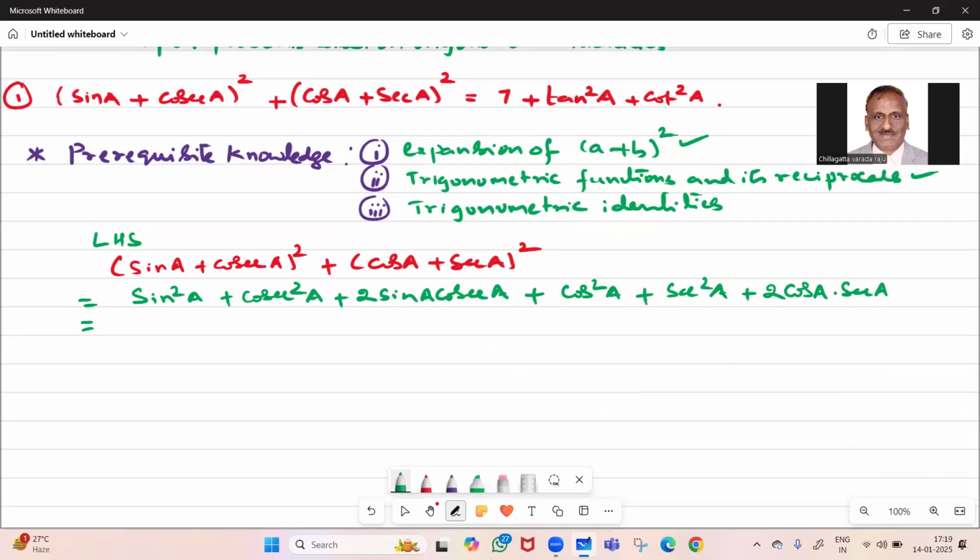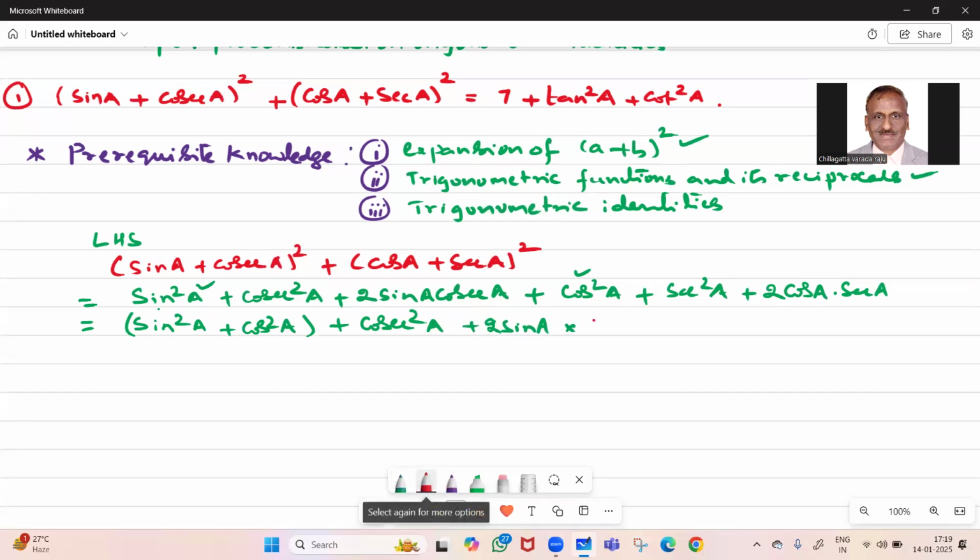At the same time, I'll group sin square A + cos square A together, because in the next step we will use the identity. Sin square A + cos square A, we will write it together. Plus cosecant square A, for this step I'll write as it is. Plus 2 into sin A into, shall I write it as 1 by sin A? Because cosecant A and sin A are reciprocals of each other.